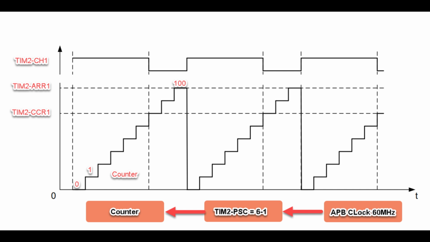Then there is another register, called the capture compare register, in the TIM2, and that we set initially to 30.